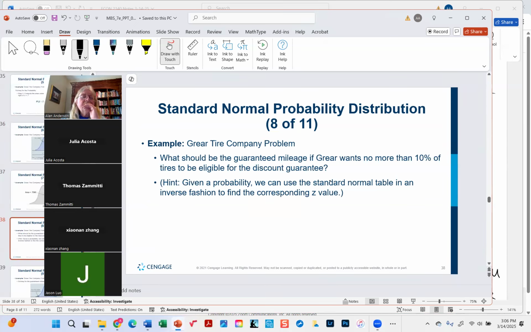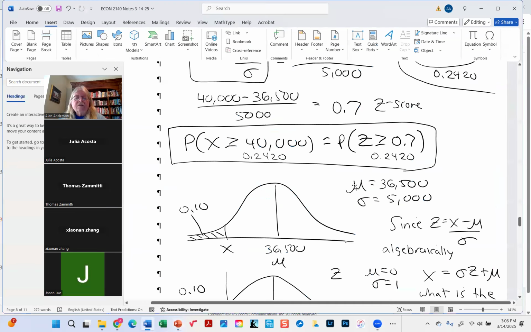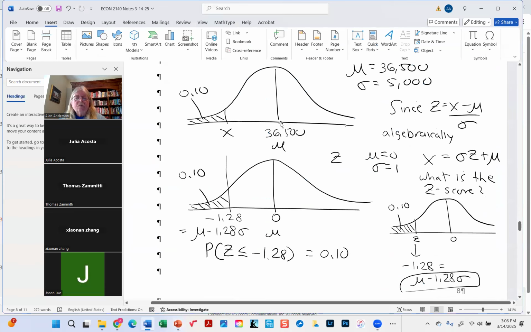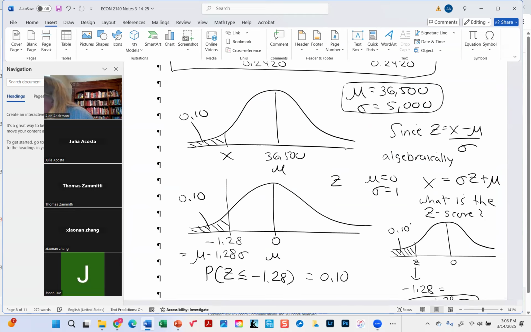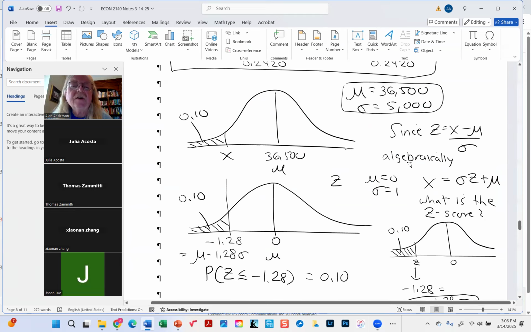That means we need to figure out the correct number of miles that corresponds to the left 10% of this distribution. So in other words, here's the normal distribution again for the tires. And the mean is 36,500.